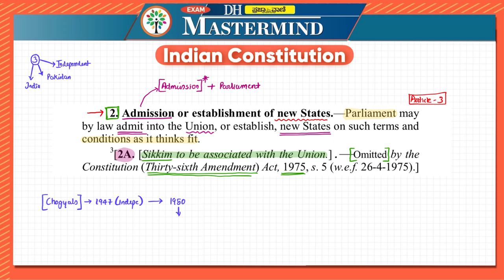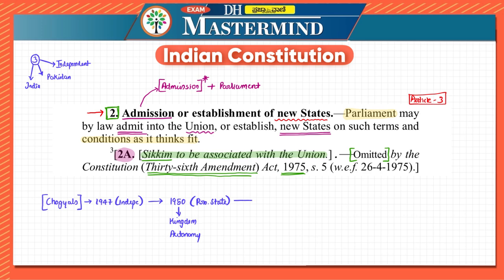So this kingdom of Chogyal will have internal autonomy, that is, they can do as they have been doing, but within the Union of India, and hence at this point it became a protectorate state in 1950, within the Union of India itself.